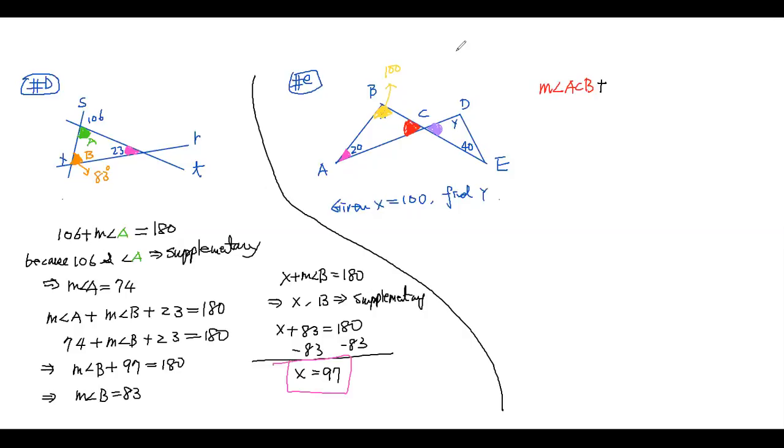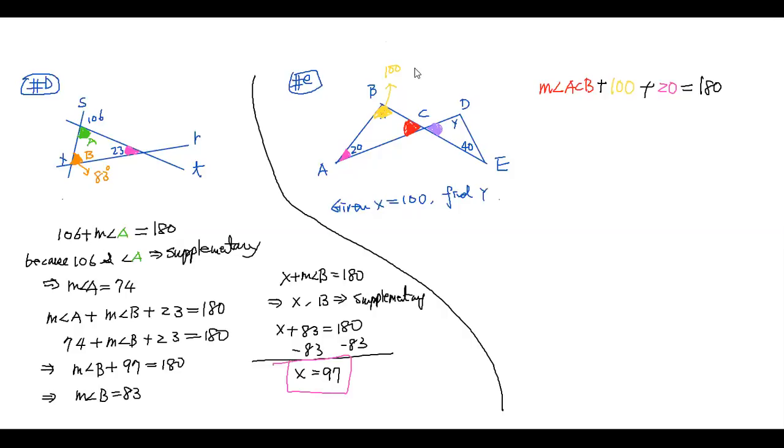So plus, let me try color coding so you will see here, plus 100. And then plus A. A is this purple one, right? The purple one is 20, right? So what is this going to be equal to? Equal to 180. Why? Because the three angles you add up in a triangle is 180.